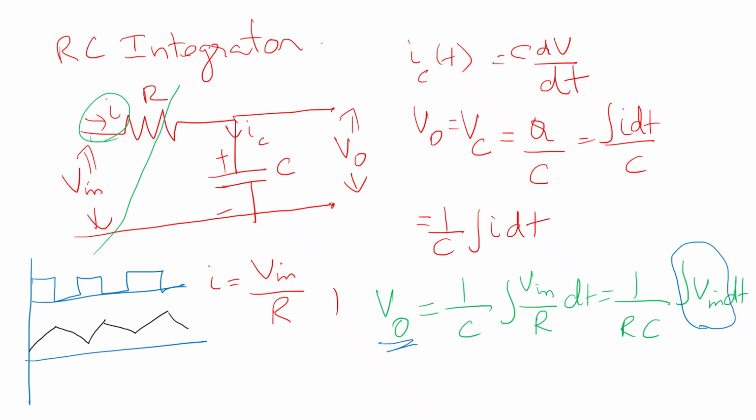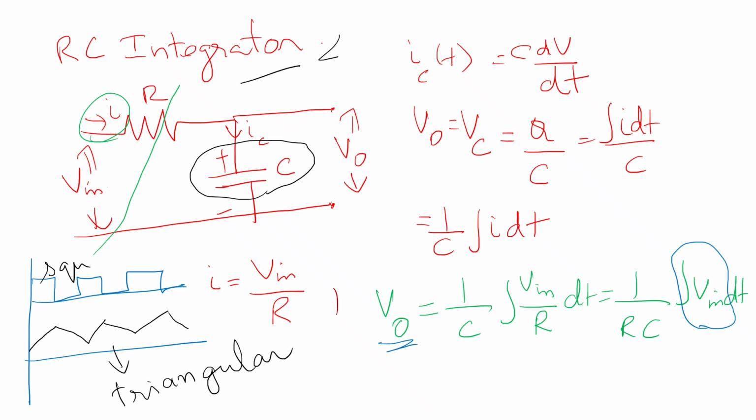So by the charging and discharging operation of this capacitor, the square wave is converted into a triangular wave. The integrator circuit is also called a triangular wave generator, wherein the square pulse is converted into a triangular waveform.